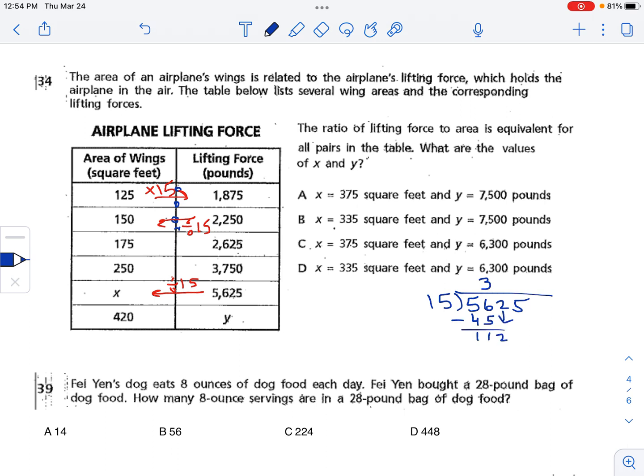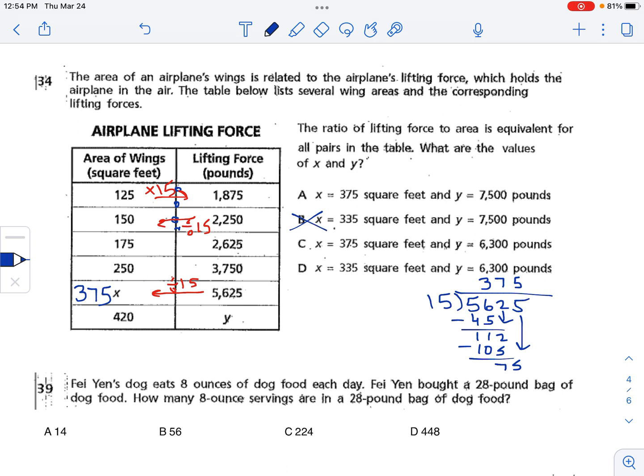I'm going to bring the 2 down. 15 goes into 112 7 times. That's 105. We have a difference of 7. I'm going to bring the 5 down. 15 goes into 75 5 times. So that means X is 375.